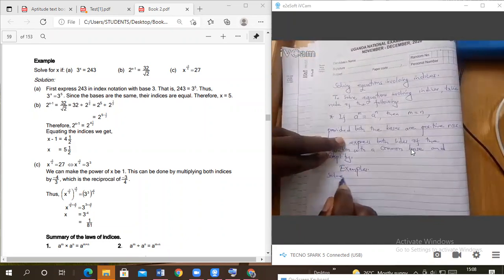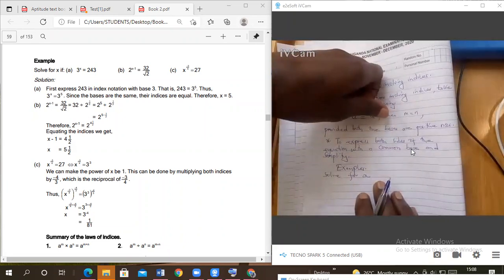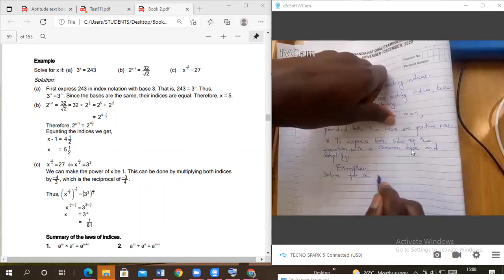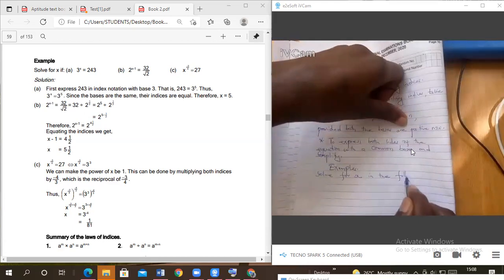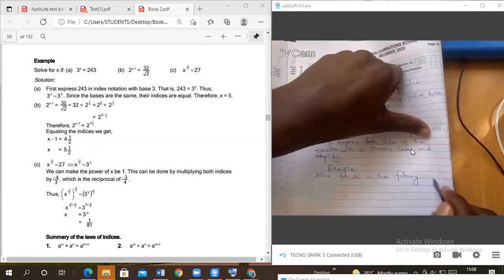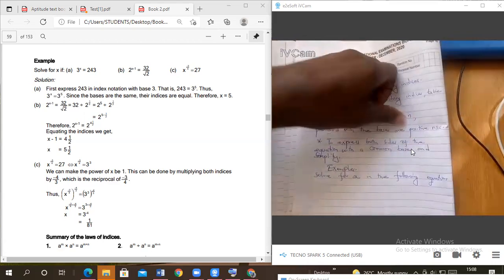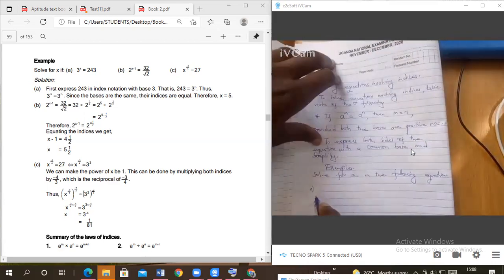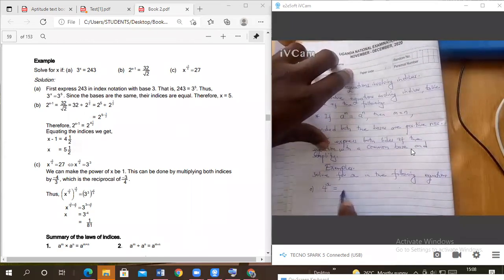Solve for x in the following equations. A, I have 4 to the power x equals 16.